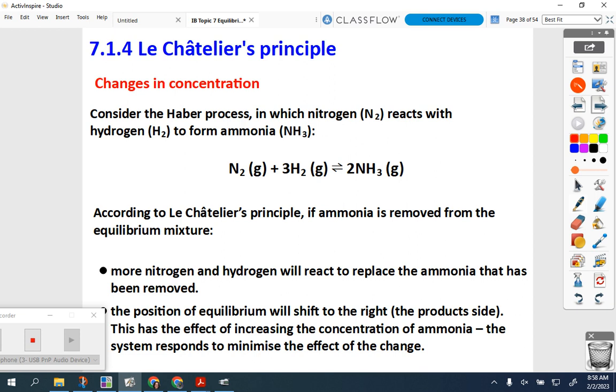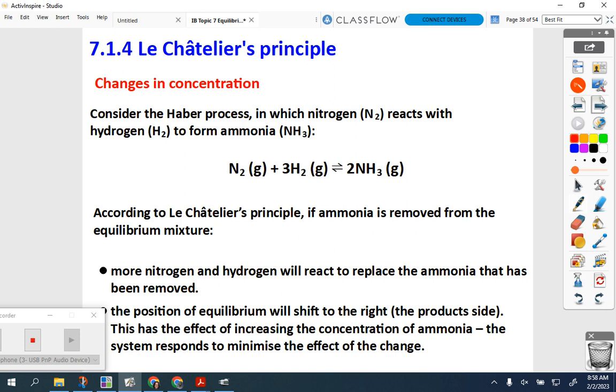But because it's a reversible reaction, at some point, if we build up enough product, enough ammonia, it's going to start decomposing back into the nitrogen and hydrogen that it came from. The reverse reaction is going to start going. So if we want to increase the amount of ammonia that we make, one thing that we can do is remove the ammonia that we've already made.